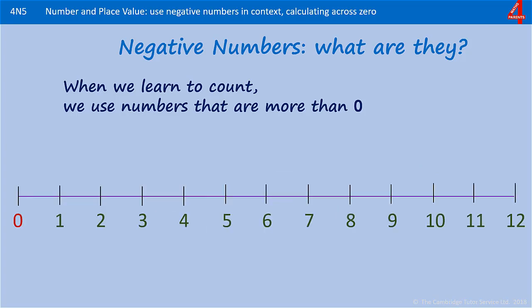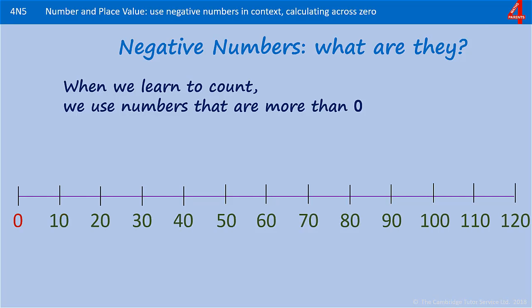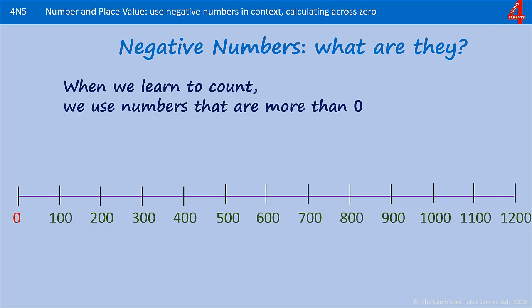If we look at this on a number line, we have 0 right at the beginning. From 1 to 12, all those numbers are that many places away from 0. And as the numbers get bigger, counting in tens, counting in hundreds, they're showing you how many places bigger than 0 each number is.